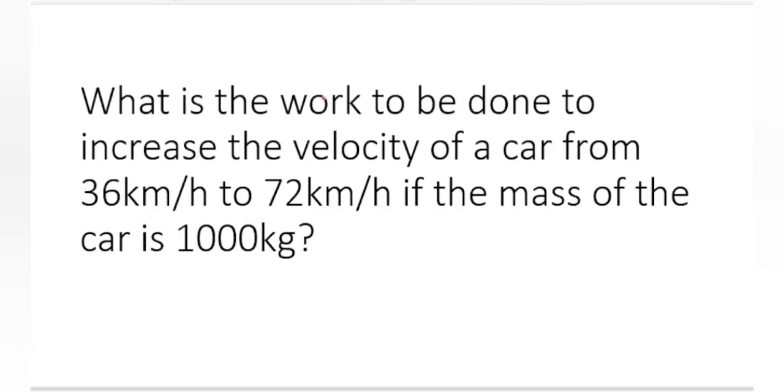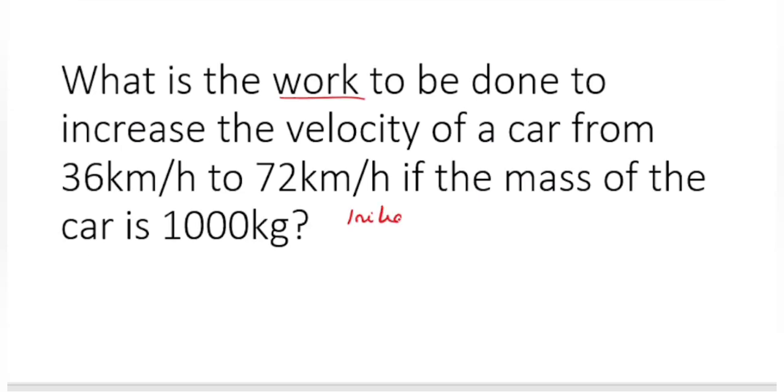What is the work to be done to increase the velocity of a car from 36 km per hour to 72 km per hour if the mass of the car is 1000 kg? Initial velocity is equal to 36 km per hour. In order to convert it into meter per second, you have to multiply by 5 by 18. So you will get 10 meter per second as the initial velocity.